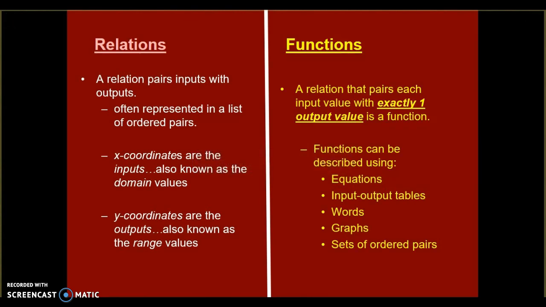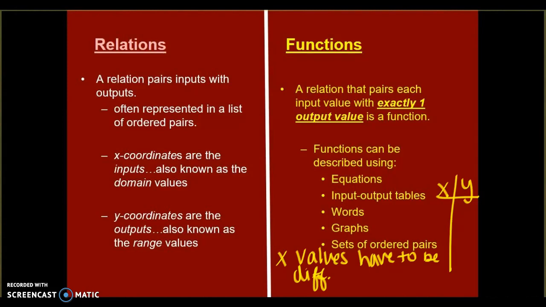Those are just the tables that you're used to seeing: X values, Y values, because remember, input still talks about X, output talks about Y. We can show it in words, we can show it in graphs, we can show it as sets of ordered pairs, but the main thing here that you need to remember is that x values have to be different. The y values can be the same.